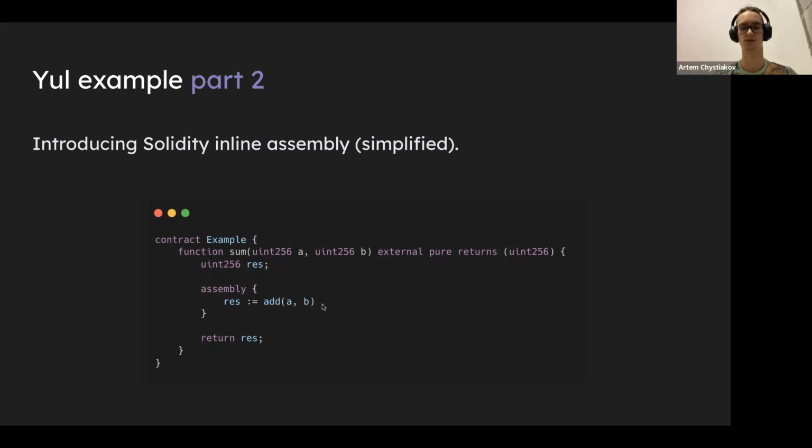So it will pop those two elements from the stack and push the result onto the stack, which is done like here by assigning the result to the result variable. And after that, I just return the variable from the function. So pretty simple right now.